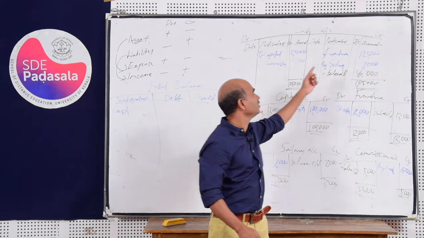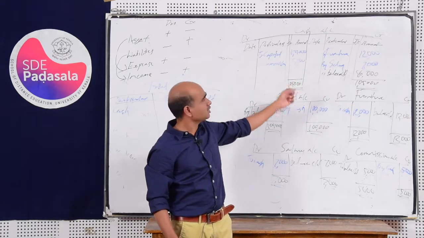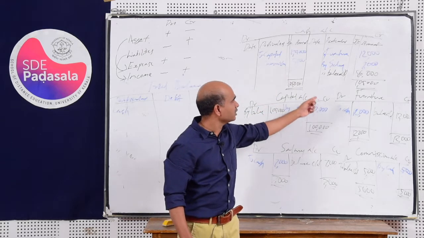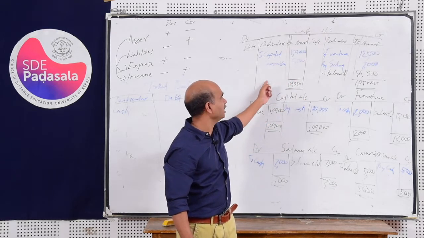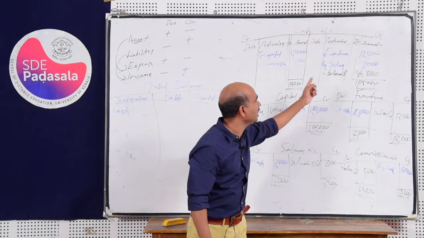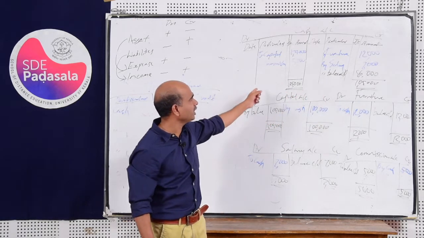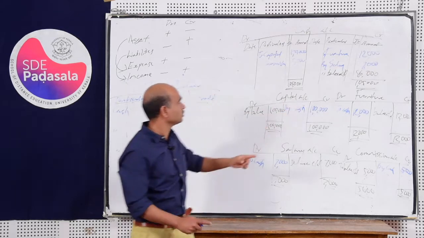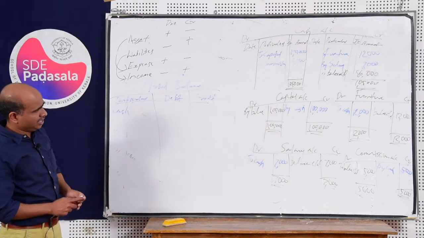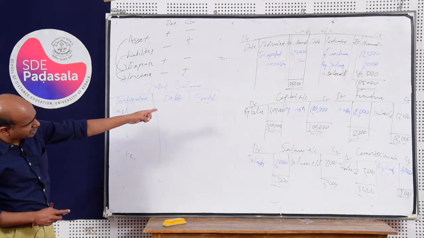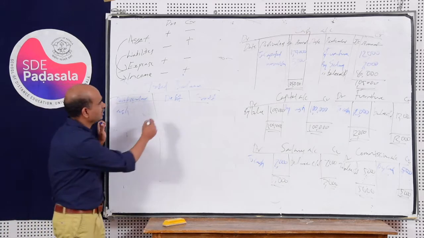The side is known as debit balance because the left hand side is having much more amount than the right hand side.